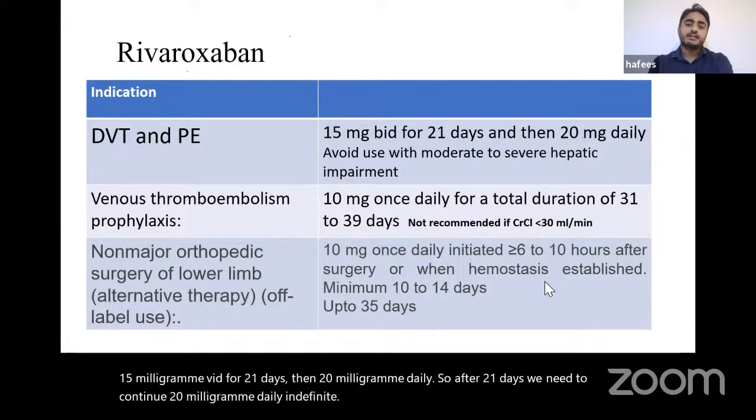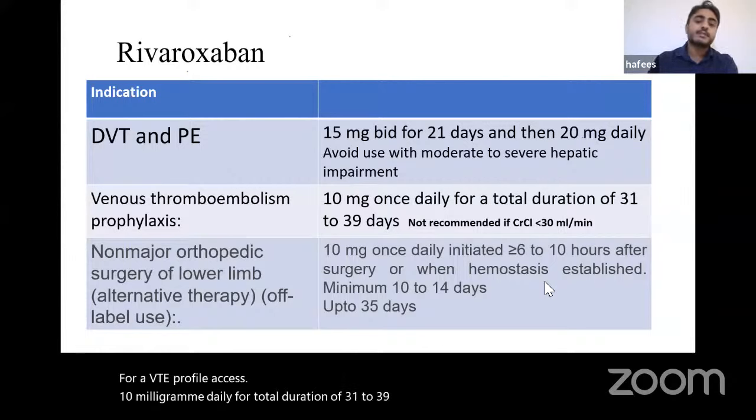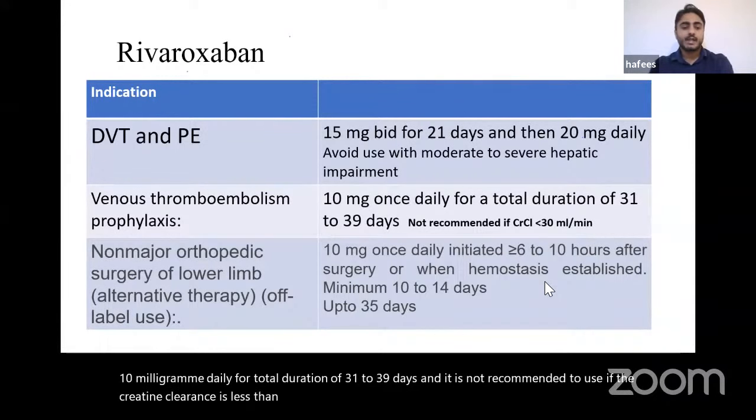Avoid the use of the medication in severe hepatic impairment. For VTE prophylaxis, 10 milligram daily for a total duration of 31 to 39 days. And it is not recommended if the creatinine clearance is less than 30 ml per minute.